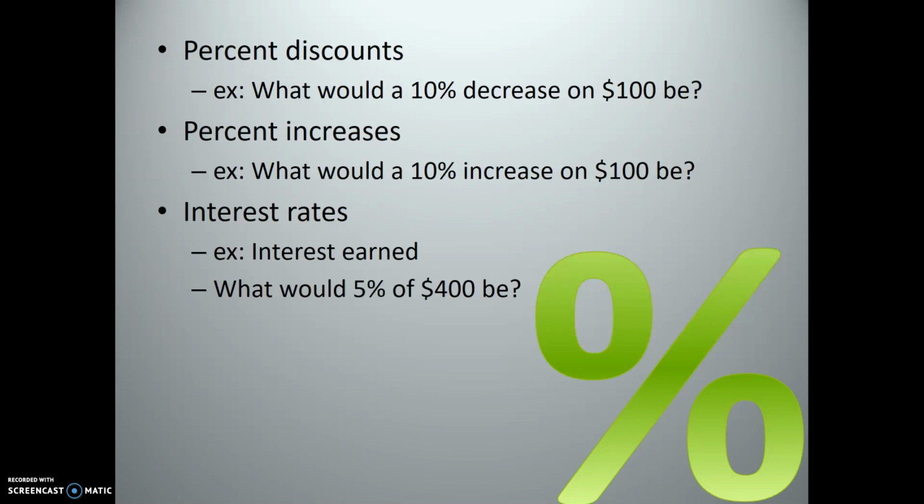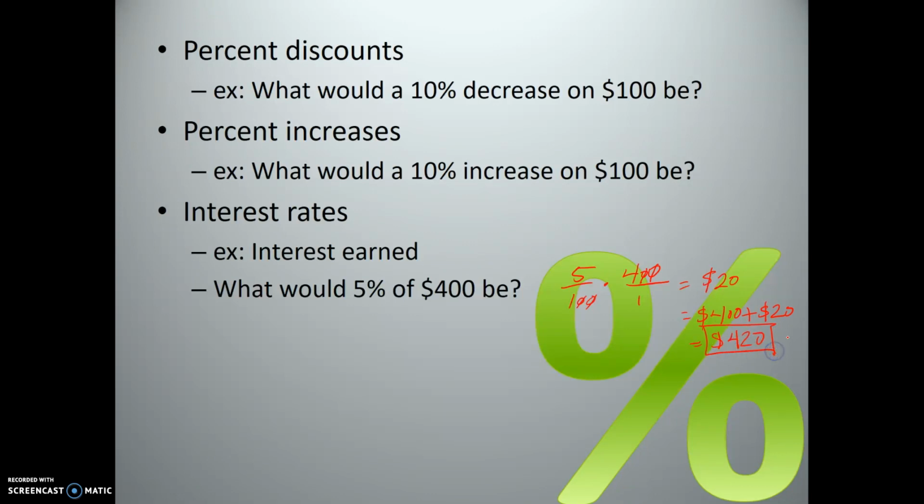For example, if you were to invest $400 and you earned, say, 5% interest, you could figure that out really quickly like this. 5% of $400, and that would be $20, right? So at the end of the year, you'd have earned an extra $20, which instead of having a bank balance of $400, you would have a balance of $420.